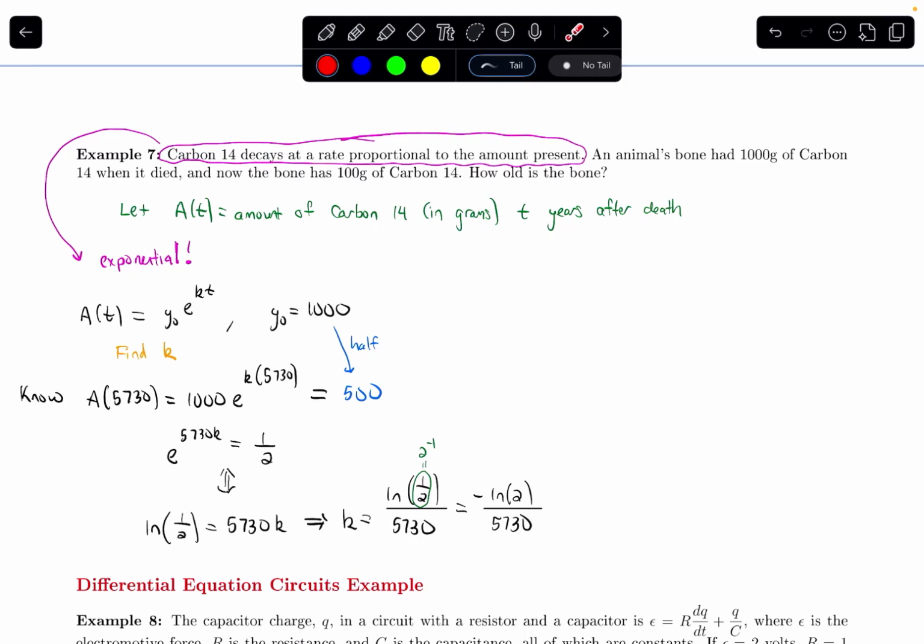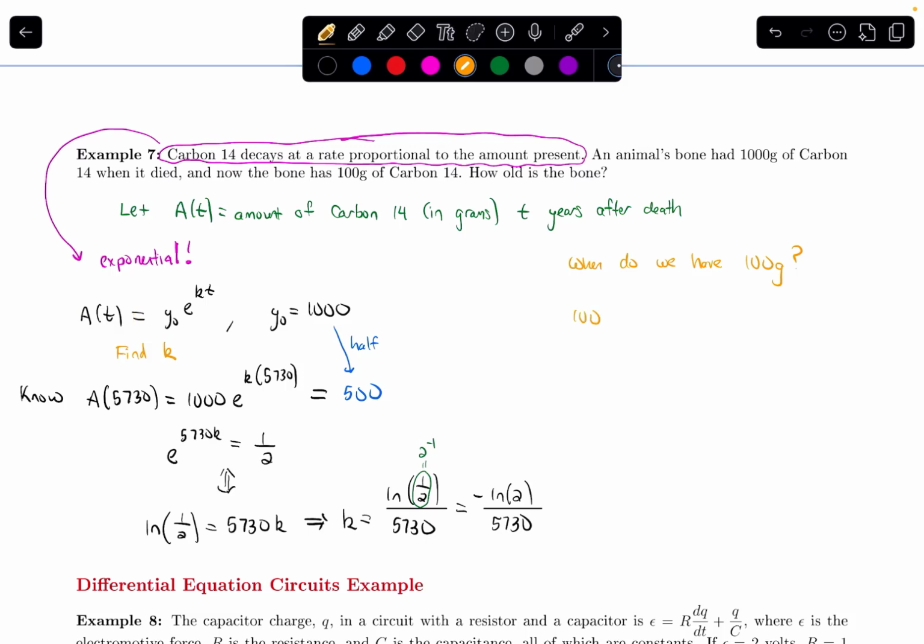All right, so I have the value of k, but let's answer the question now. When is this bone going to have 100 grams of just carbon-14? So when are we down to just 100 grams? To answer that, I've got to plug in 100 for this A of t, for the amount.